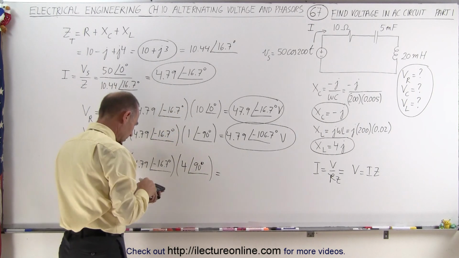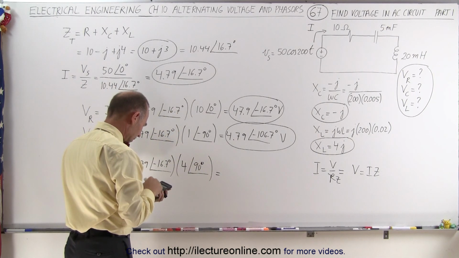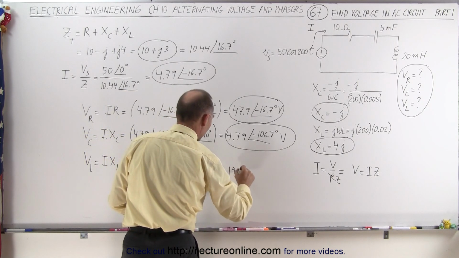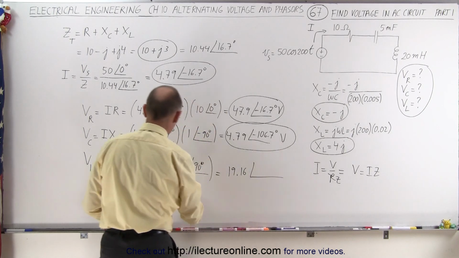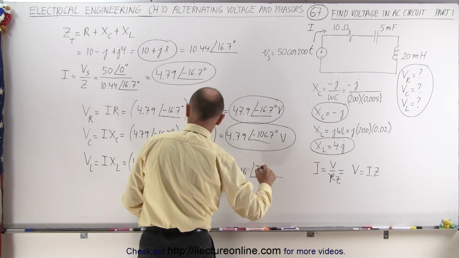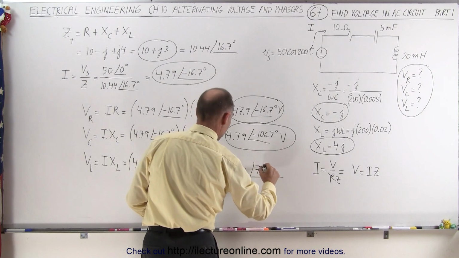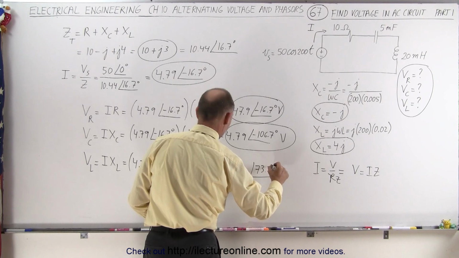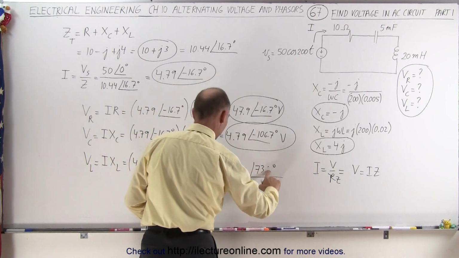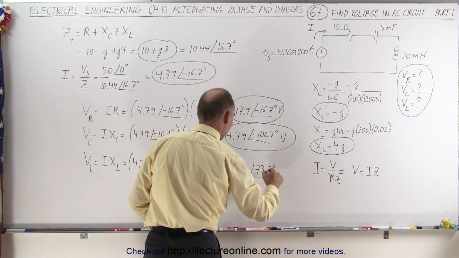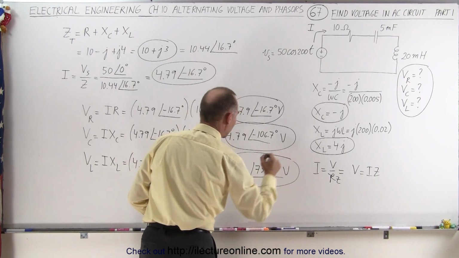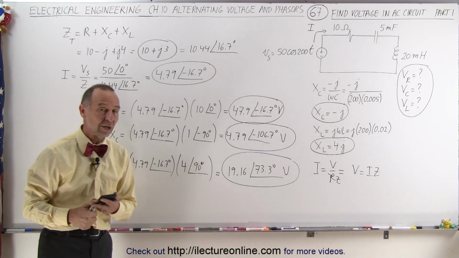And so 4.79 times 4 is equal to 19.16 with a phase angle of, if we add 16.7 to that, 73.3 degrees. And that's also in volts. And there would be the voltage drop across the inductor.